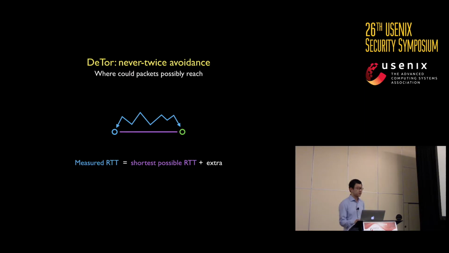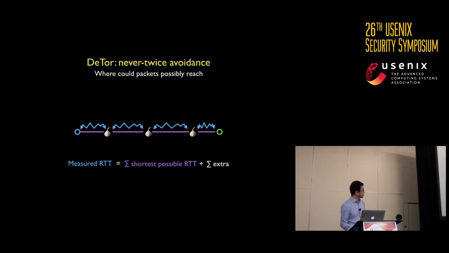The extra term can be the latency caused by congestion, caused by the link itself, and all other possibilities. And over the whole Tor network, there will be four such links. So the overall end-to-end measured round-trip time will be the sum of the shortest possible round-trip times over the links and the sum of all such extra latencies.